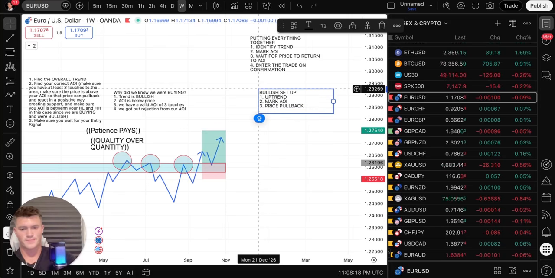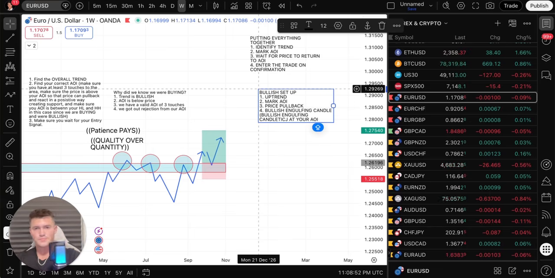And four, bullish engulfing candle. That's our entry signal. Our entry signal is a bullish engulfing candlestick at your area of interest.